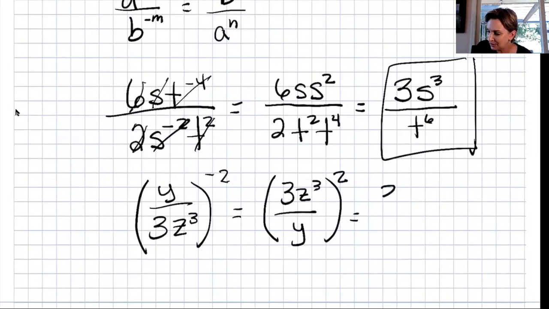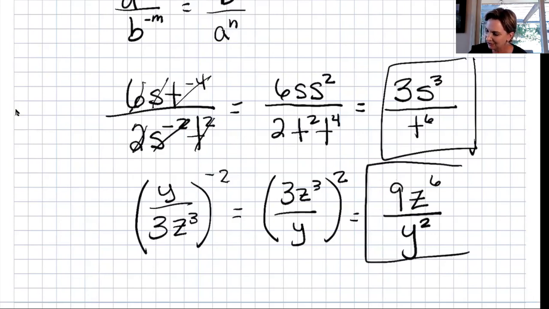So it's going to be 3 squared, x cubed squared, power rule would be 3 times 2, so 6. And on the bottom, y to the 1st power squared, y squared. The only thing left is that we do know what 3 squared is. 3 squared is 9. And that would be your answer.